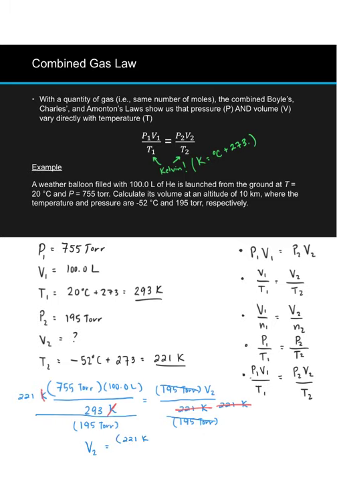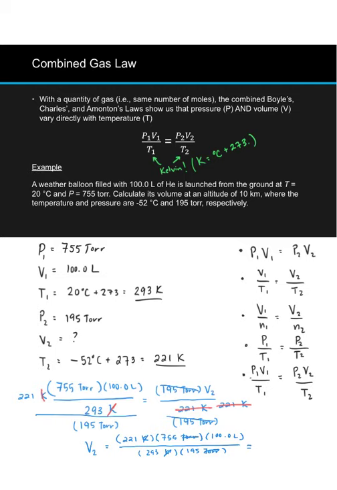V2 ends up being equal to 221 K times 755 torr times 100 liters divided by 293 K and 195 torr. Units of torr and units of Kelvin cancel. We're left with units of liters at the end.